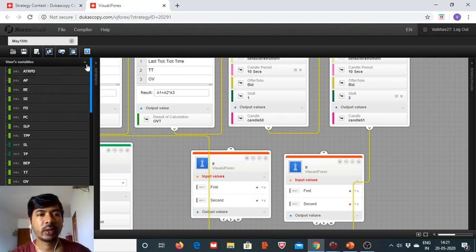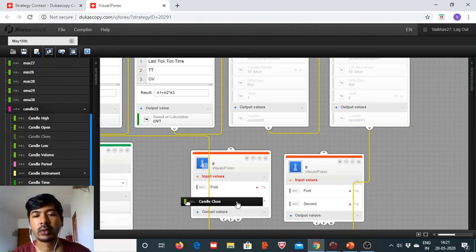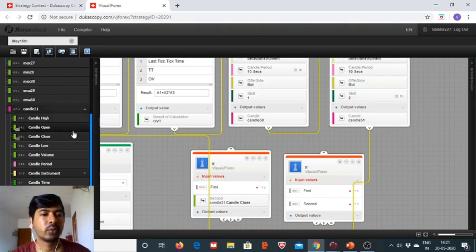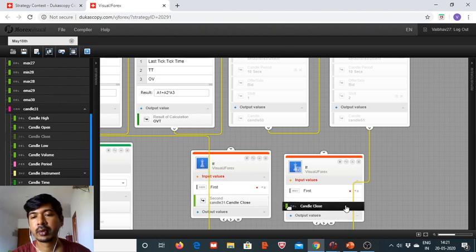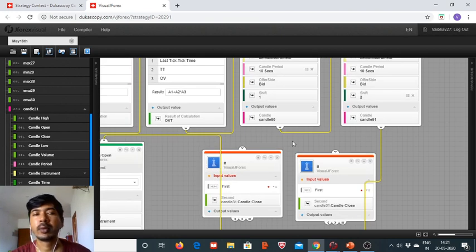Now we need to take the candle 31's closing level into account, and candle 31's close needs to be compared to the candle 51's and candle 50's closing levels.